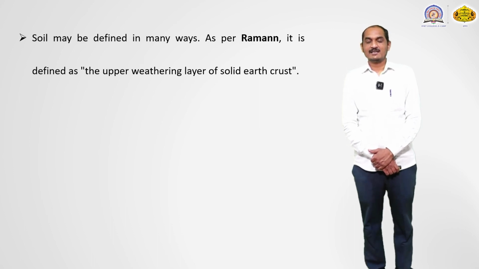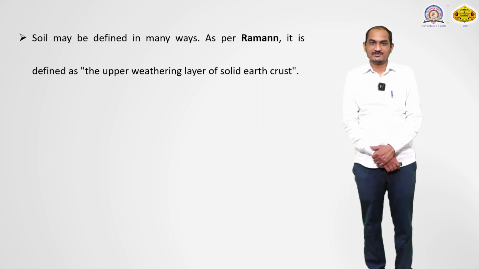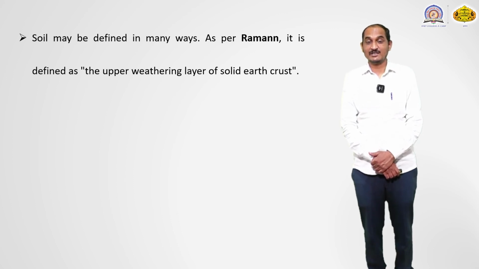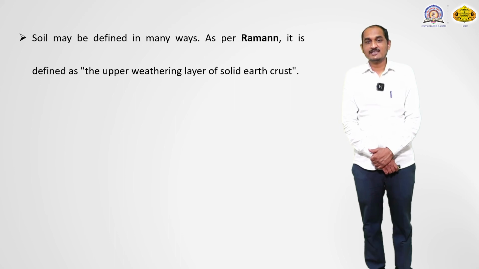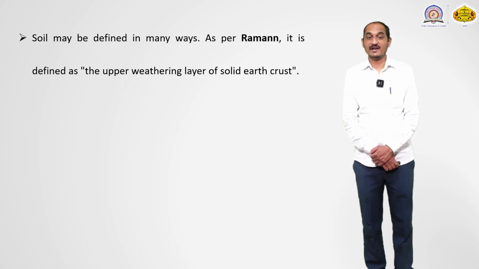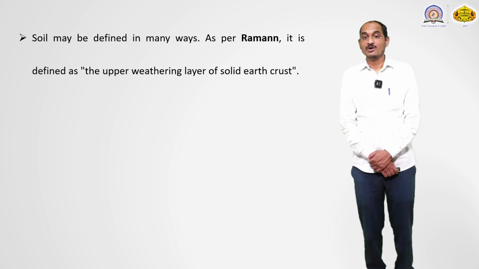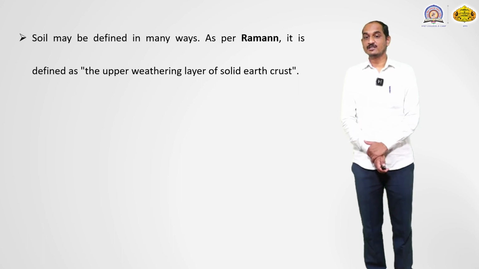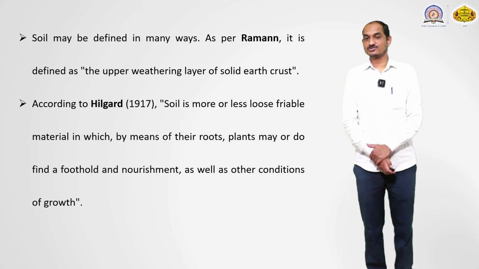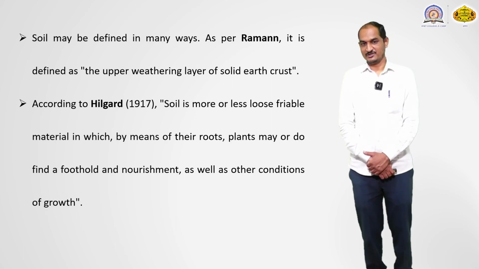Dear student, as I said earlier, there are many definitions of soil by different scientists who work on soil research. Soil may be defined in many ways. The scientist Ramann defines soil as the upper weathering layer of the solid earth crust. Very simple definition.